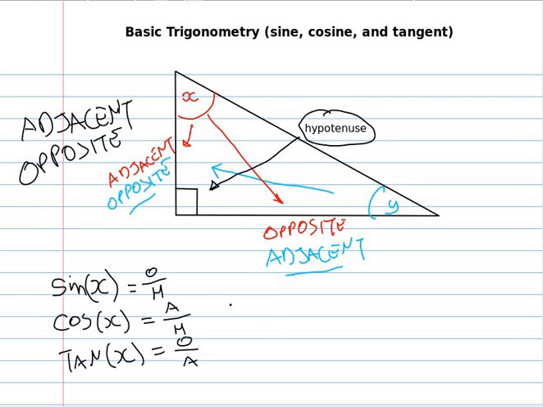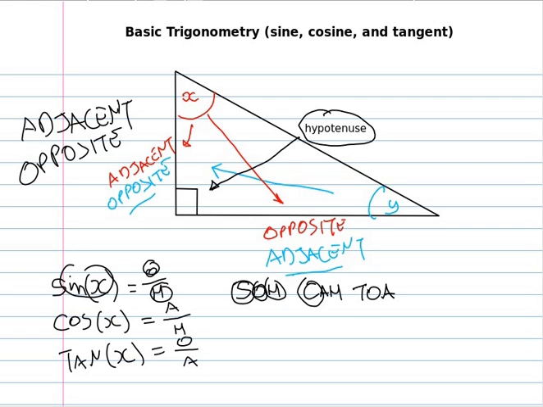Okay, so there's a nice easy way to remember that, and the way we remember that is the mnemonic SOHCAHTOA. So we have SOH, CAH, TOA. Okay, and that stands for sine equals opposite over hypotenuse.